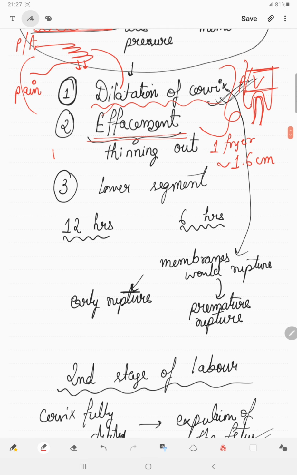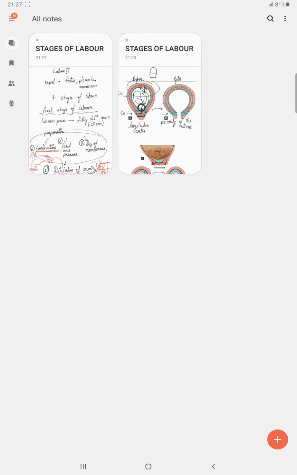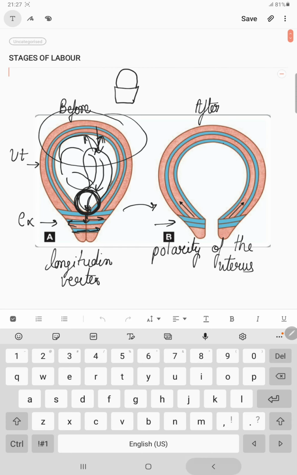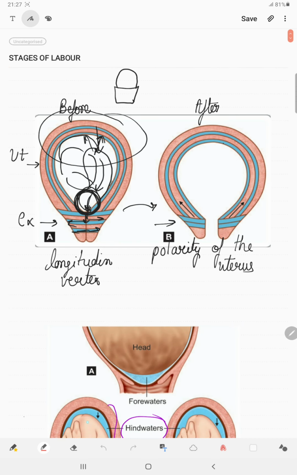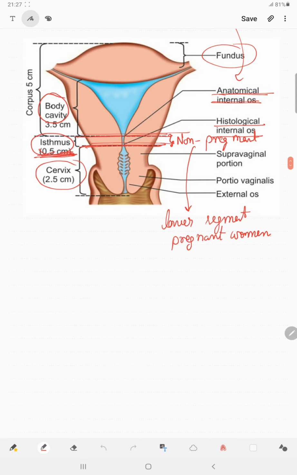Effacement, once again, you would check per vaginally. You would check it by the length of the cervix. Now remember that the cervix has got 2 portions, as I had shown you in this diagram. It is projecting into the vagina.